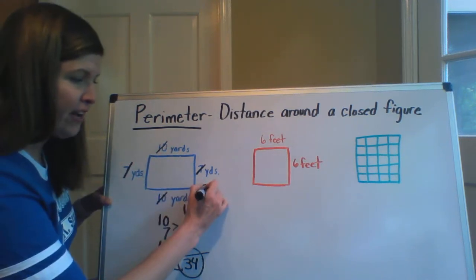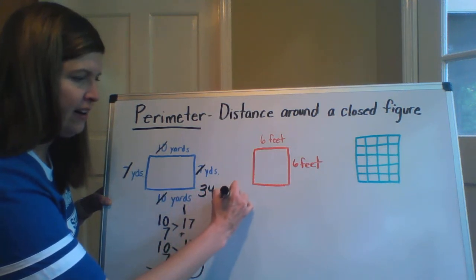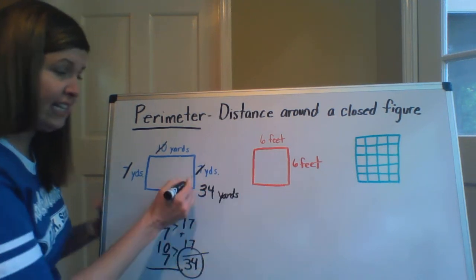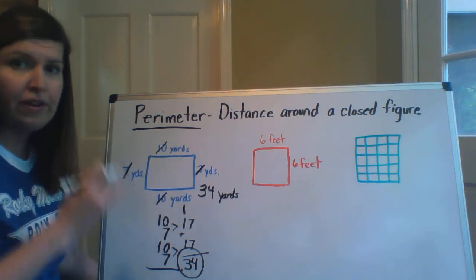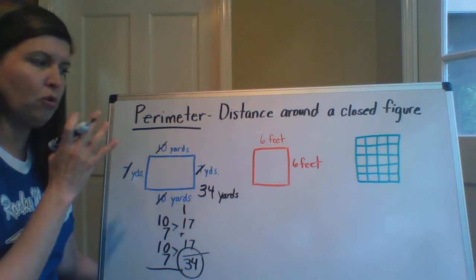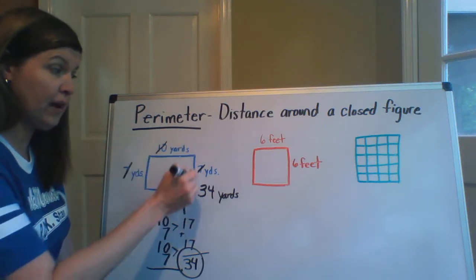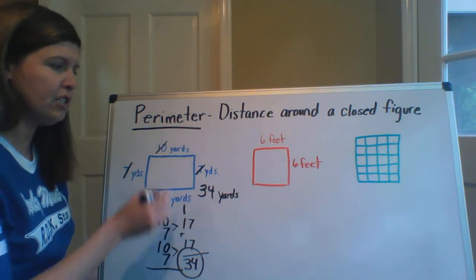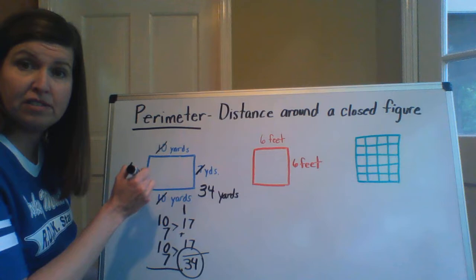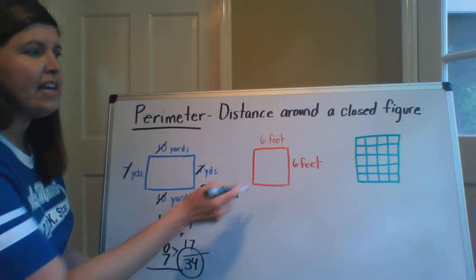Yards. So my final answer is the perimeter of this figure is 34 yards all around. So if I was building something or planting a vegetable garden and I needed to know around the outside what I needed for wood, I could say, well, it's 34 yards around on the outside.